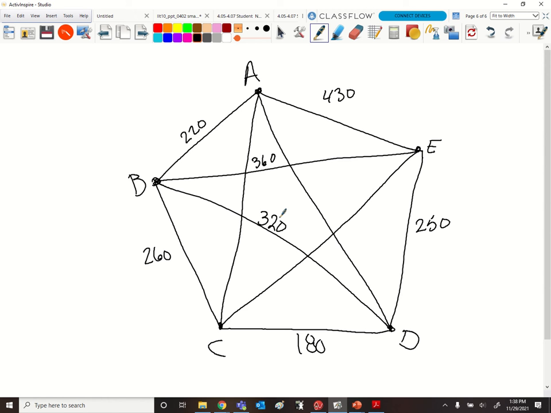So now let's go C to A. 240. A to D. 290. Where am I at? C to E. 300. And do I have them all now? Look. Yep. Yes, I have them all. Yeah, I got them all.